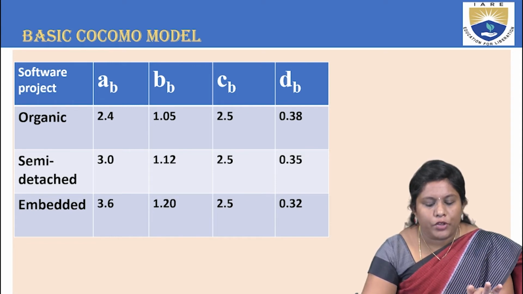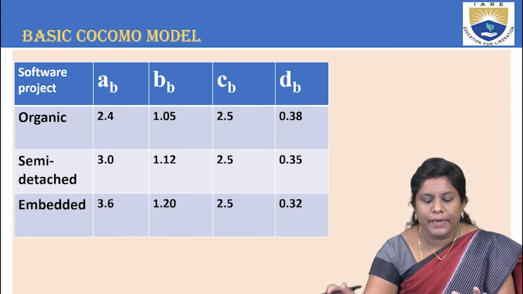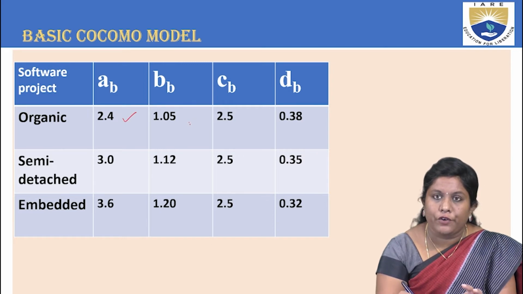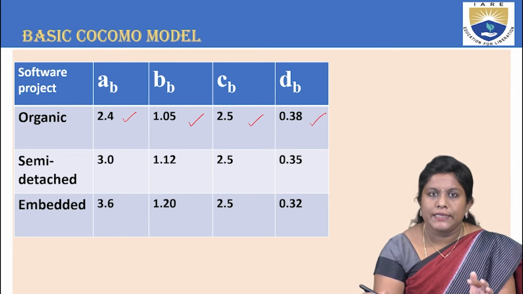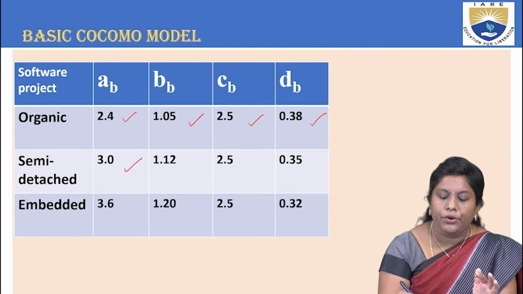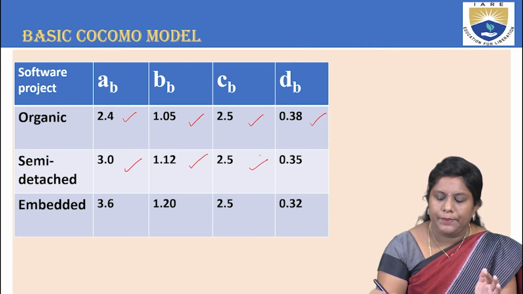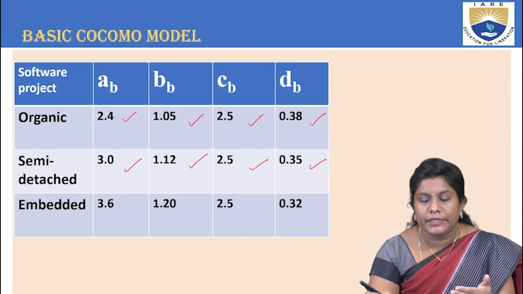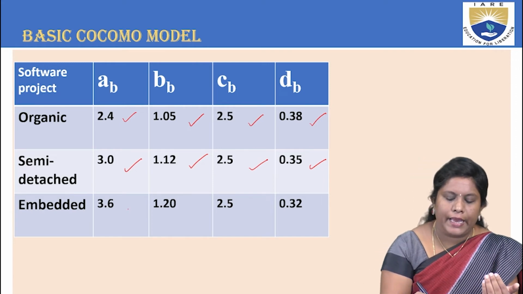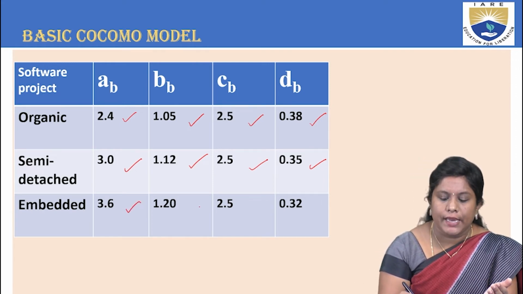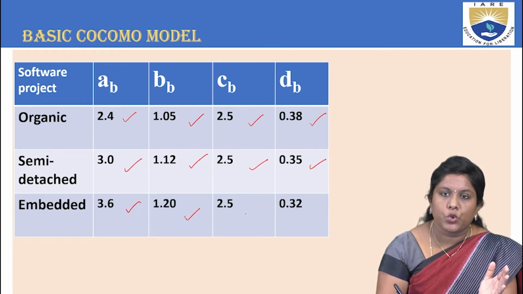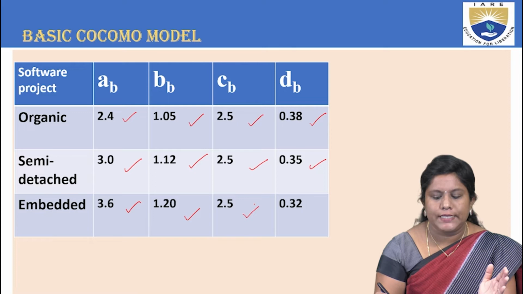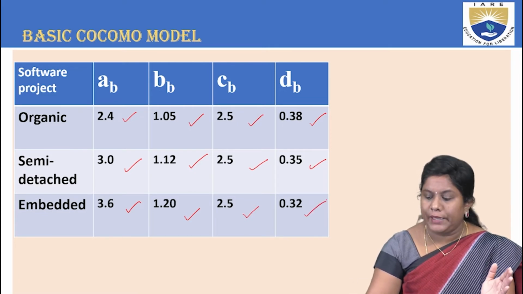In organic mode, AB is 2.4, BB is 1.05, CB is 2.5, and DB is 0.38. In semi-detached mode, AB is 3.0, BB is 1.2, CB is 2.5, and DB is 0.35. In embedded mode, AB is 3.6, BB is 1.20, CB is 2.5, and DB is 0.32. These are the values that have been given.